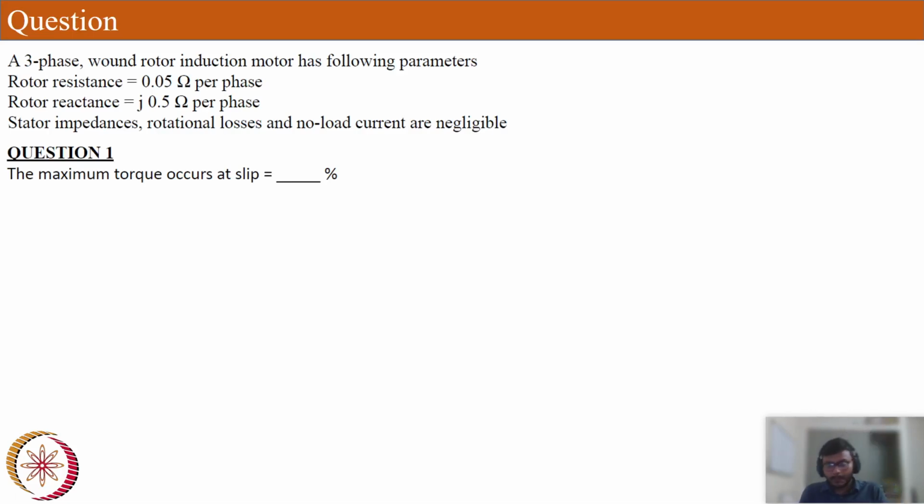I request everyone to take pen and paper with them, and also a calculator, so we can start solving questions. These questions again depend on the formulas which we learned 2 weeks back, because different models come in induction machine, but the core concept remains the same.